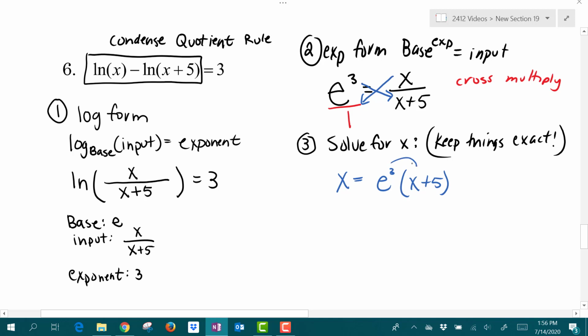And then I'm going to distribute the e cubed. I'm going to keep it as e to the power of 3 there. So that's e to the power of 3 times x plus 5 times e to the power of 3. Okay, so the order really doesn't matter. Usually we like to keep the variables in the back and the numbers out front, but it doesn't really matter.